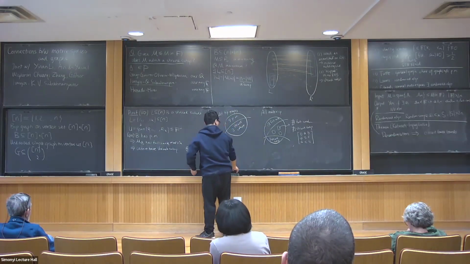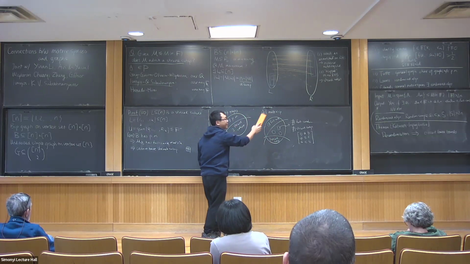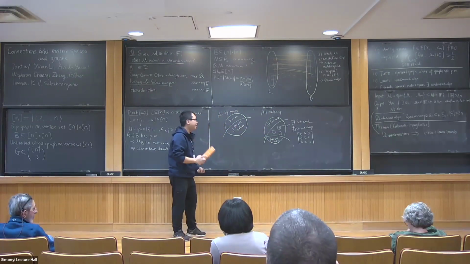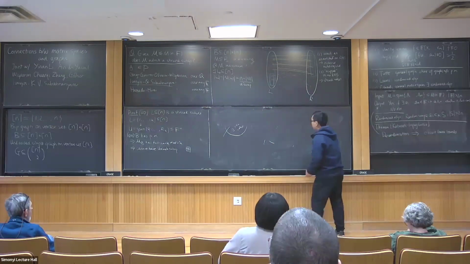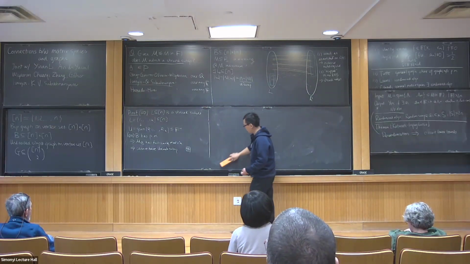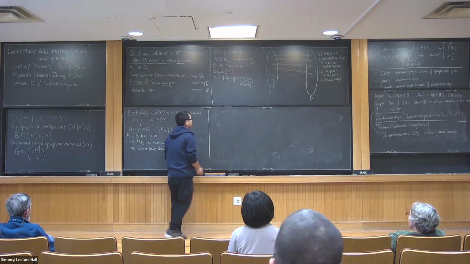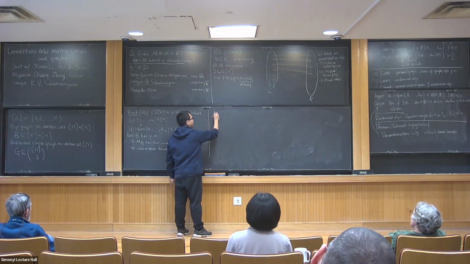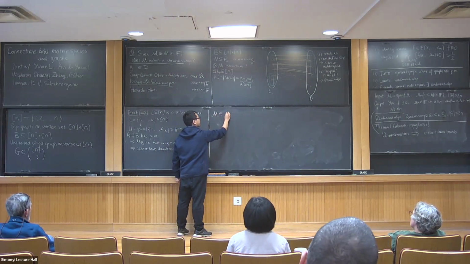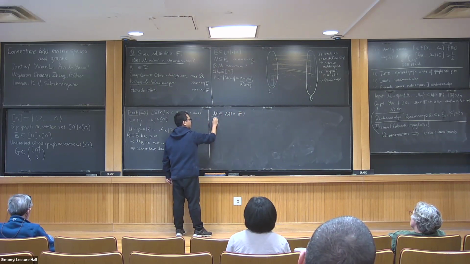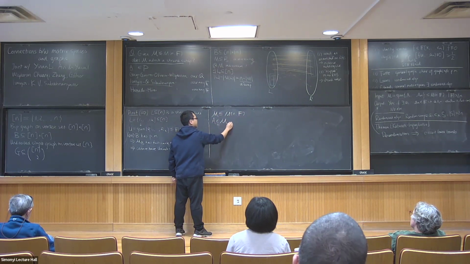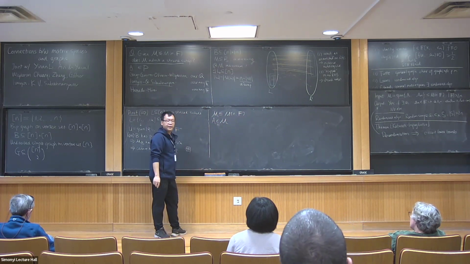Now, I want to basically show you the same thing. The idea is kind of similar in a matrix space. So now we are given a matrix space, and we are also given a matrix A inside this matrix space.